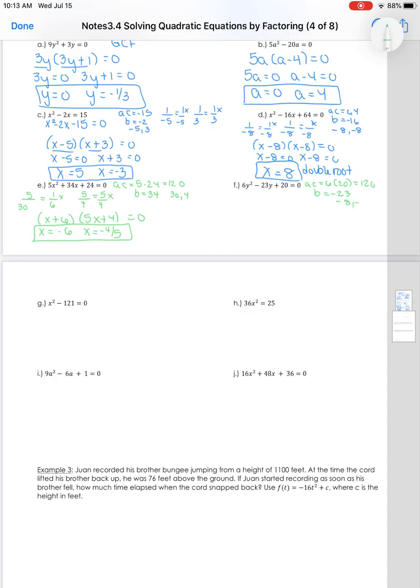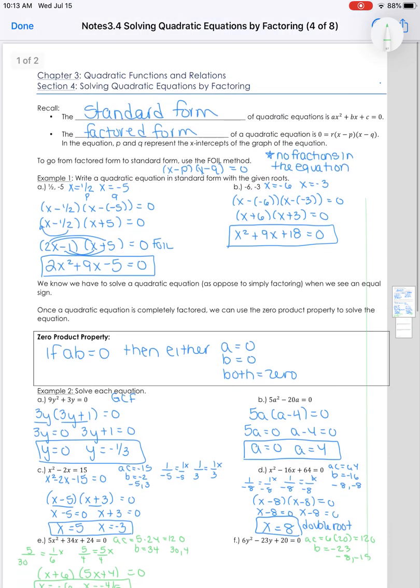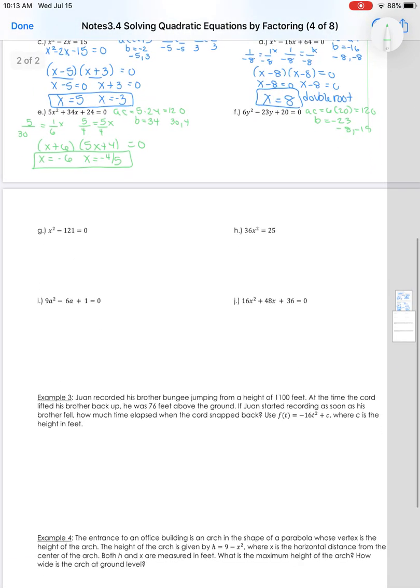All right, with f, we're looking for two numbers, a times c, that multiply to get 120 again. And in this case, now they got to add to get negative 23. So we're going to use negative 8 and negative 15. Oops, sorry. So we get 6 over negative 8, 6 over negative 15. When we reduce that, we get 3 over negative 4.